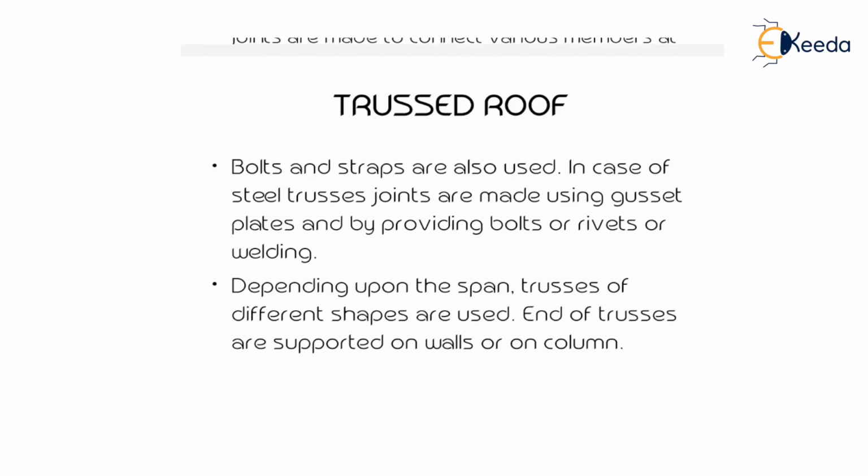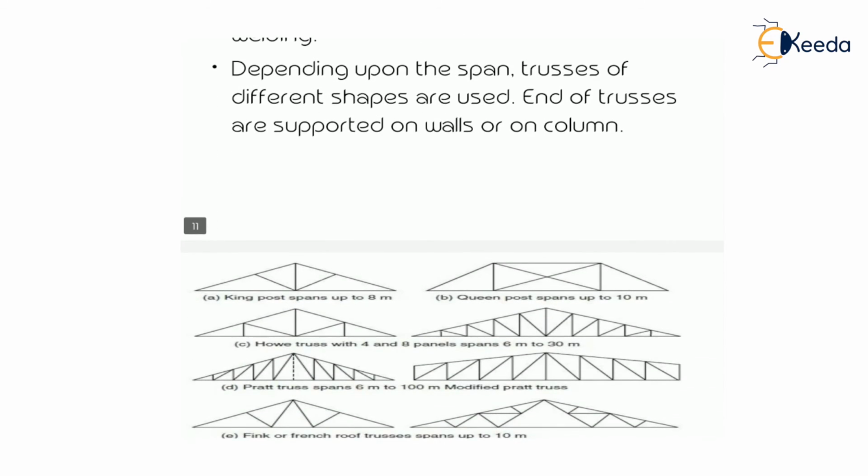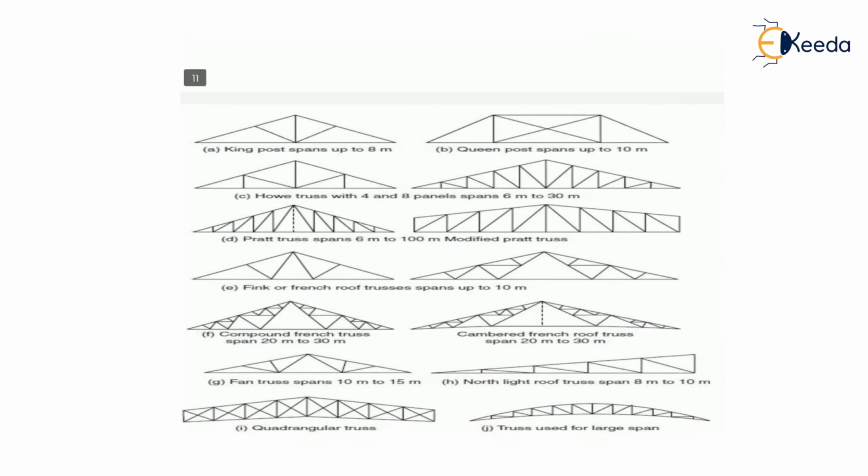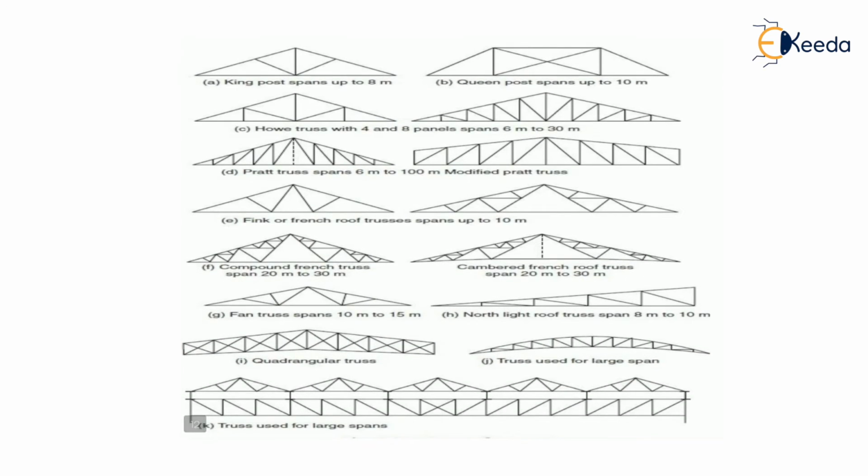Depending upon the span, trusses of different shapes are used. Ends of trusses are supported on walls or on columns. According to the span, the steel truss type may be changed, and those are the types of steel truss. King post truss is provided up to a span of 8 meter.